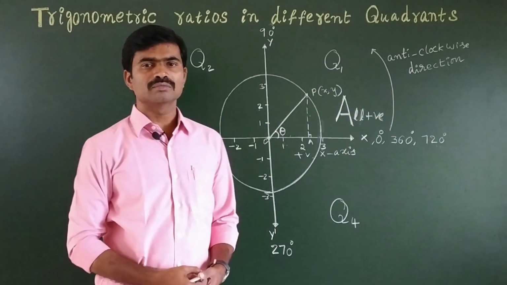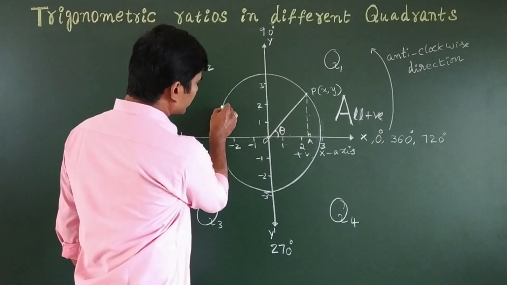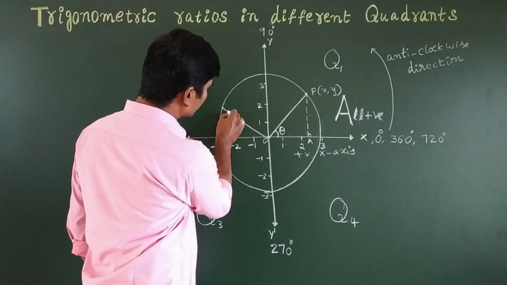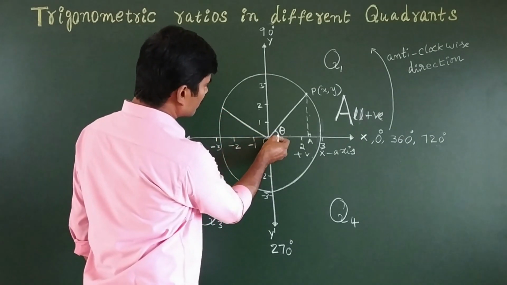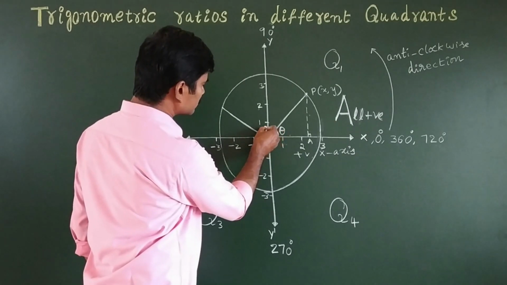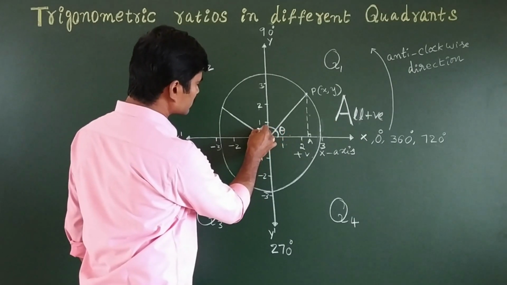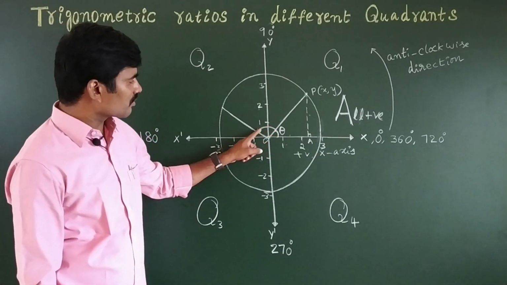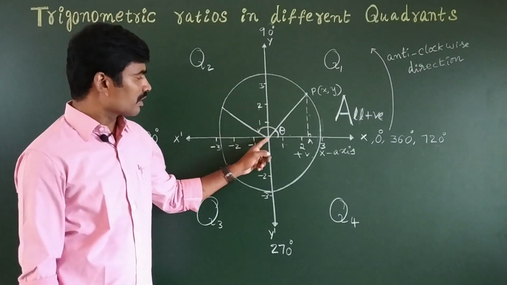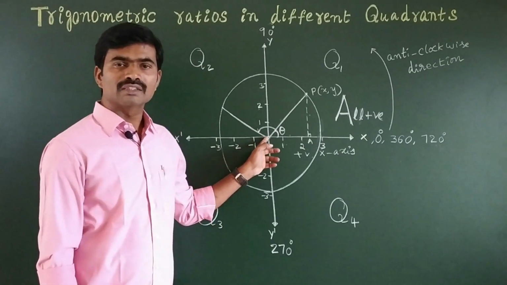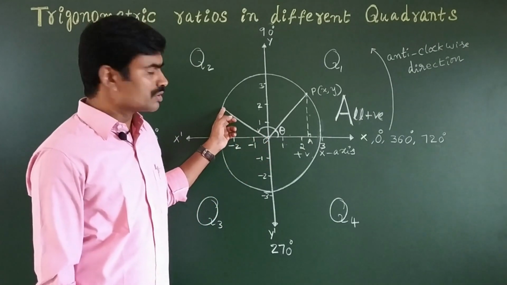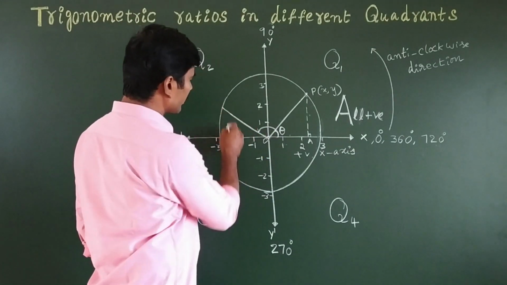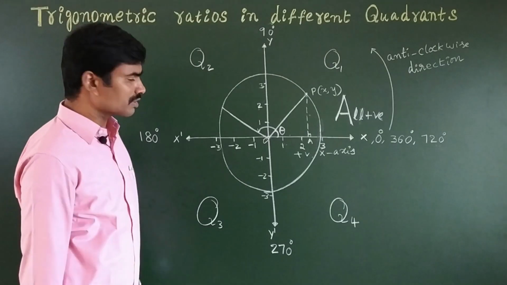Suppose a terminal ray makes an angle of 120 degrees with the positive x-axis. Then the terminal ray lies in quadrant 2. So in quadrant 2 we have to find the trigonometric ratios. Let us discuss.